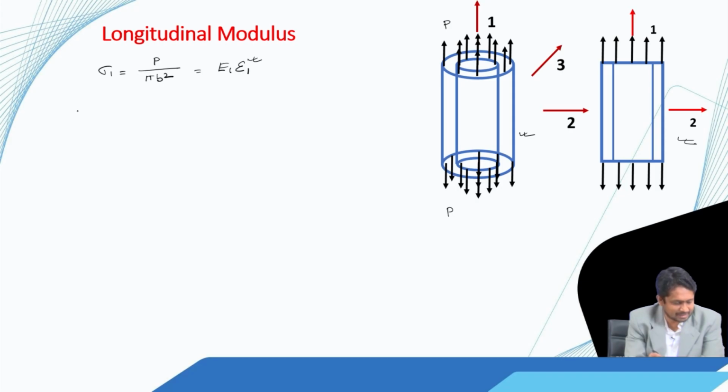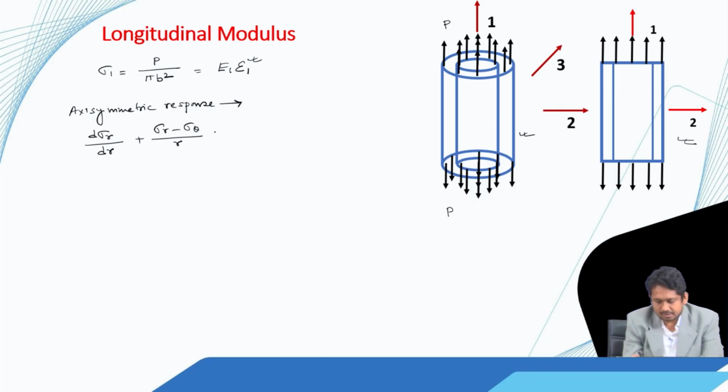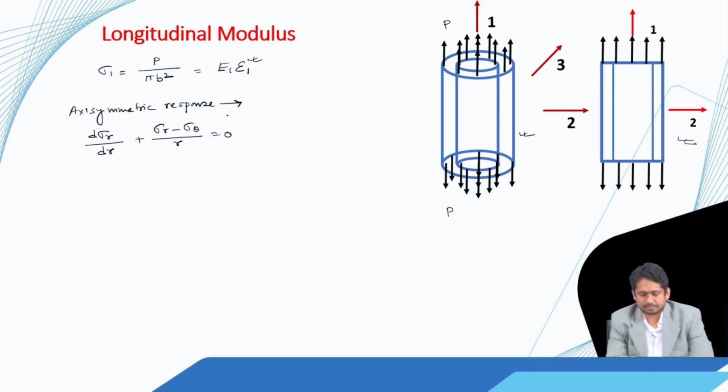So, if the response is axisymmetric, then the equation of motion, the equation of equilibrium, is del sigma r by del r plus this. Here sigma r is the normal stress along the radial direction, sigma theta is the same thing along the circumferential direction.